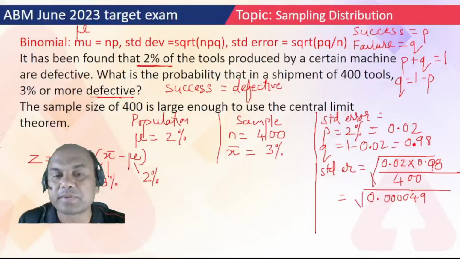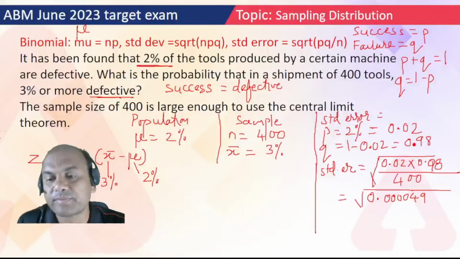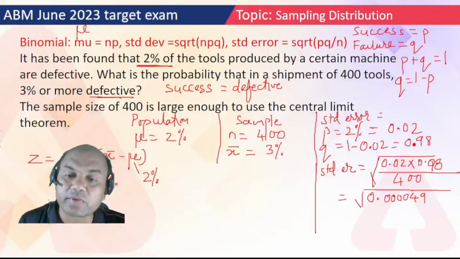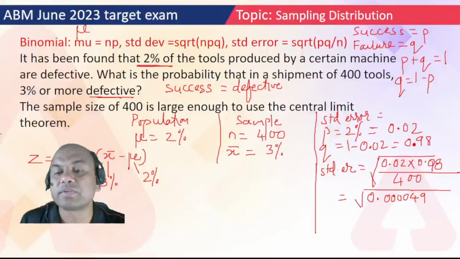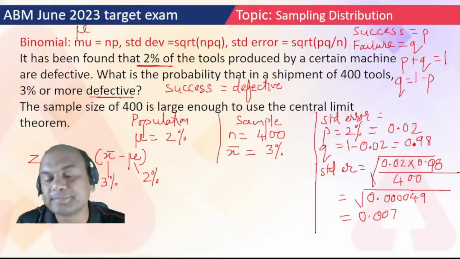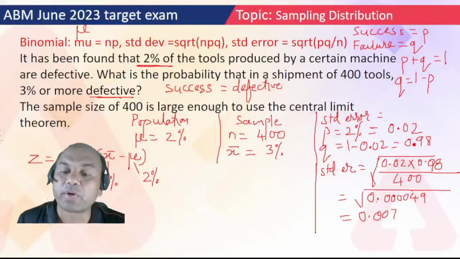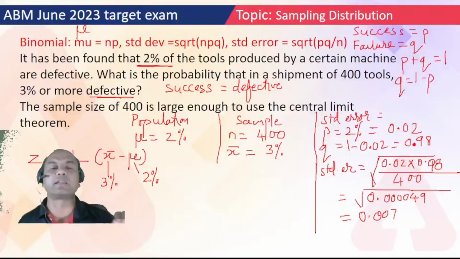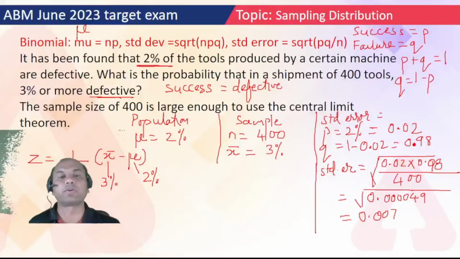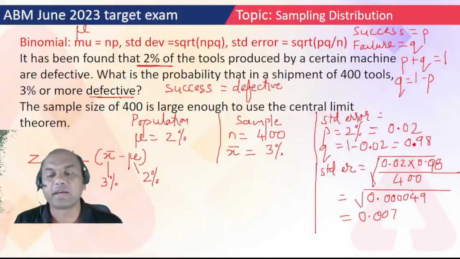Okay. So you've got the standard error now. Now find out Z. The problem is not over. You still have to get to the probability table. So Z equals 1 upon the standard error, 0.007, into the difference. I'll write this in points, not percentage: 3% means 0.03 and 2% means 0.02.